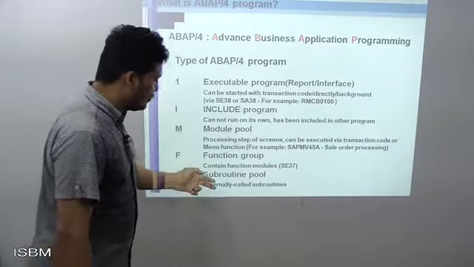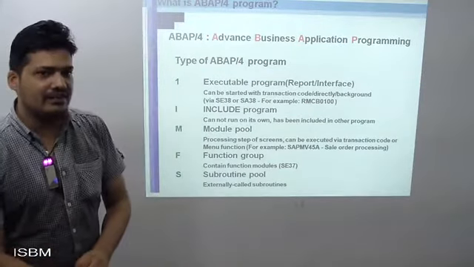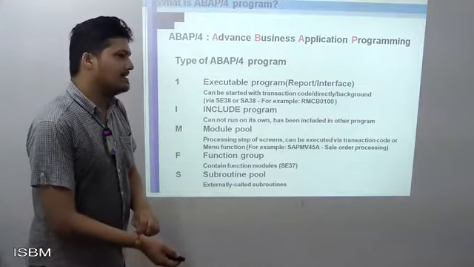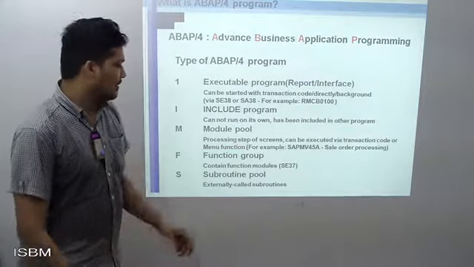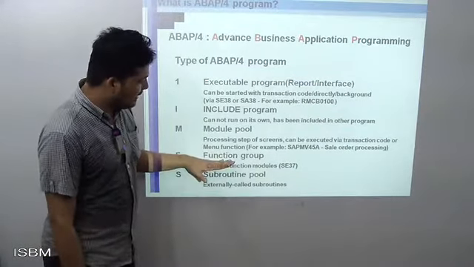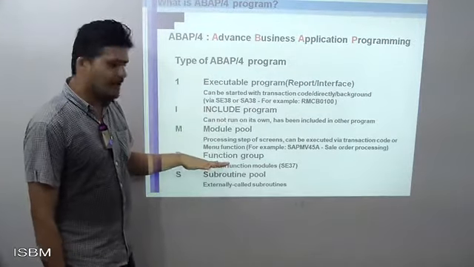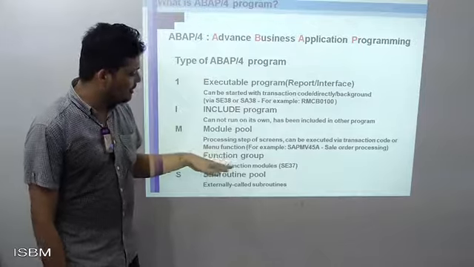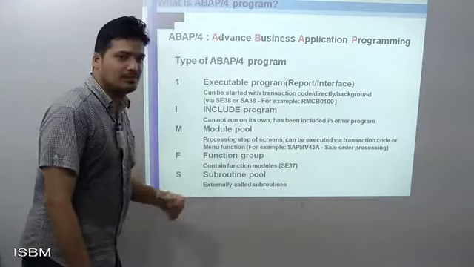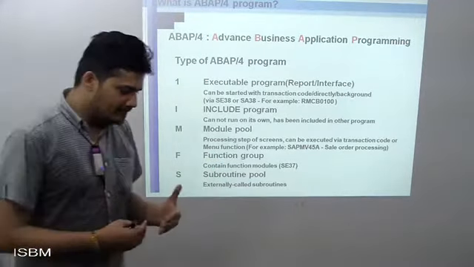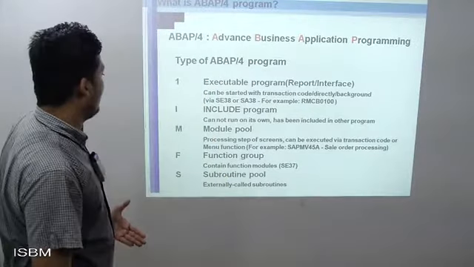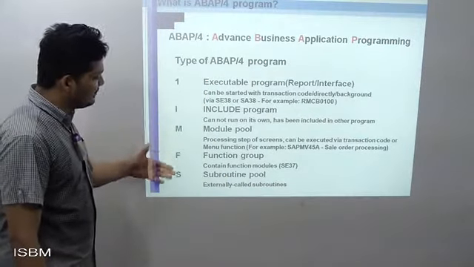In the subroutine pool, we write different kinds of things, like data modules. If you want to write any function module or function group, you can write it inside a subroutine pool. While you are writing a program, these things come inside the program only.